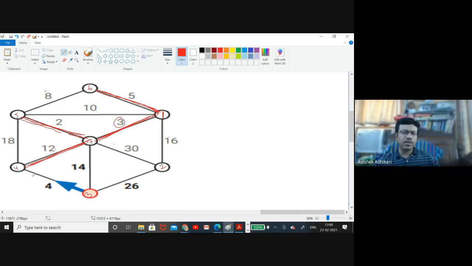And then you can see that this could be the minimum. And then from here, what is left? You cannot go here, this is already gone. You cannot go here, this is already gone. And then the last one, 1 to 2, and that is 16.